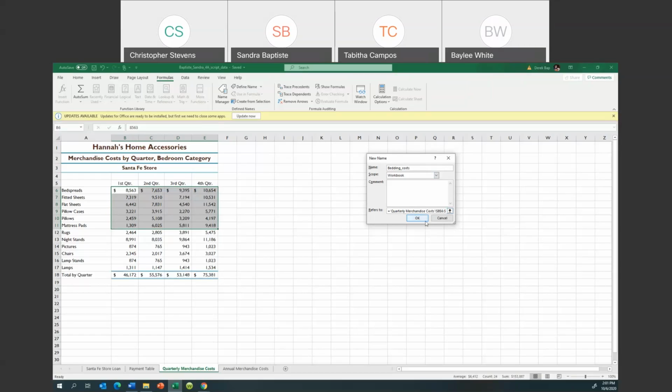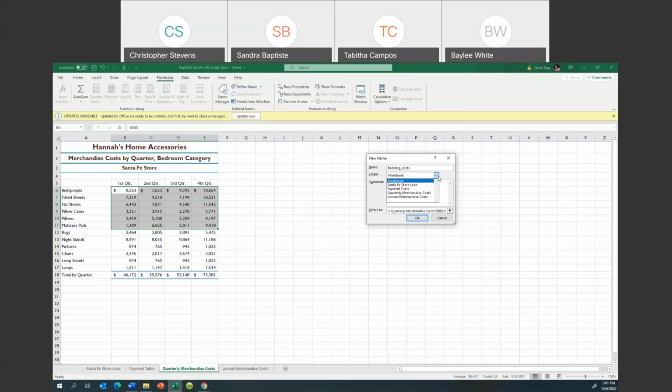Sweet. Okay. Before you click OK, I just want you all to know something else. Where it says scope, in terms of this class, anytime you do this, you'll just use the workbook. But if you click the drop down there, you could tell it to go to a certain sheet within the workbook. We want it to be a name that can be used across the entire workbook, so we could use it on multiple sheets later on, which we will do.